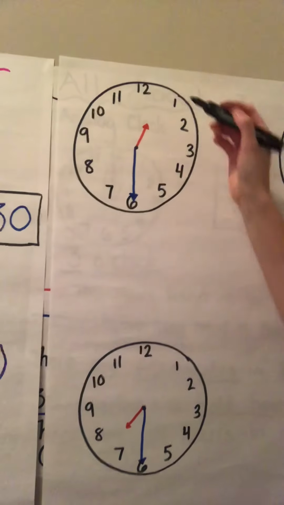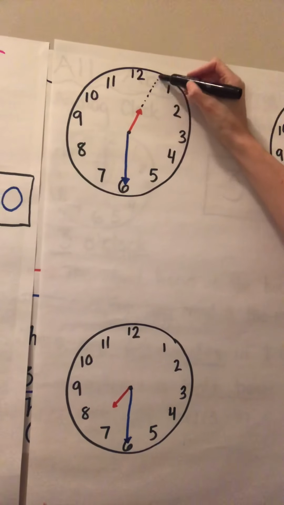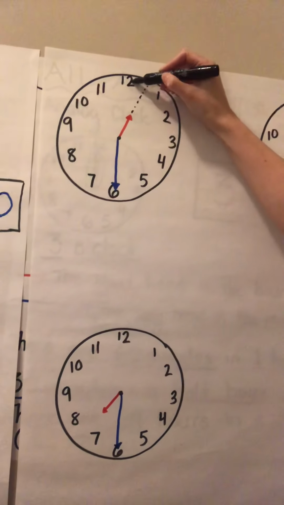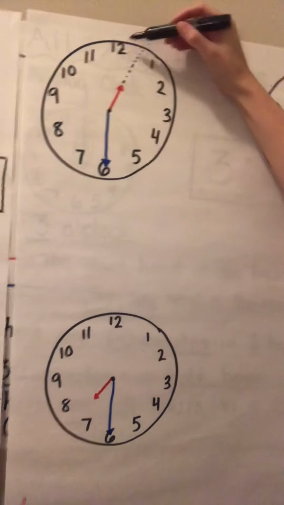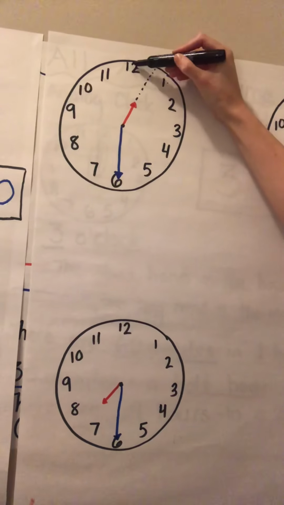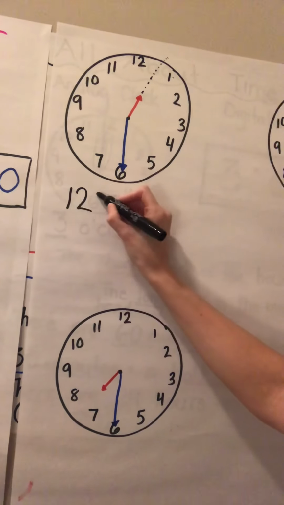So remember we always look at our hour hand first. So my hour hand, I'm going to draw my lines to see where it's pointing, is between my 12 and my 1. So I need to think, did it get to my 1 yet? No, so my hour is going to be still 12 because it didn't reach the 1 yet. So it is 12.